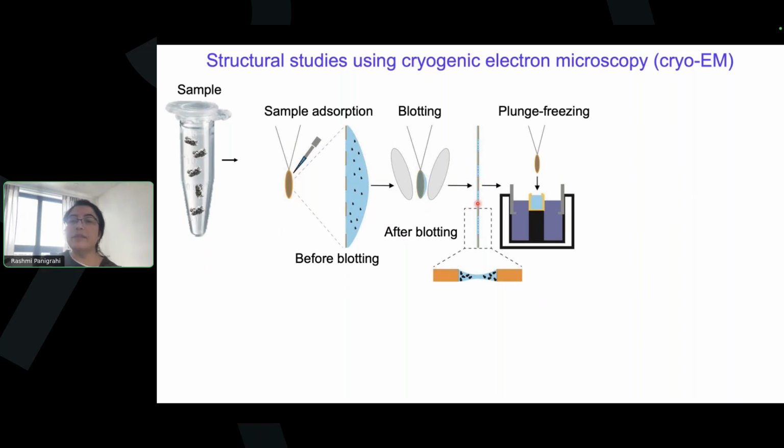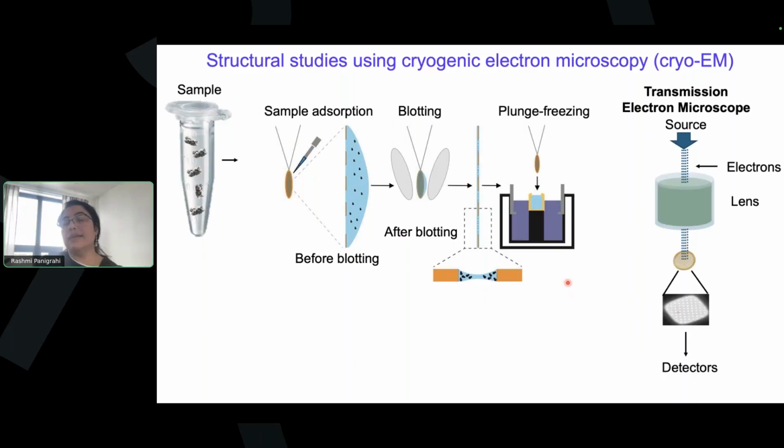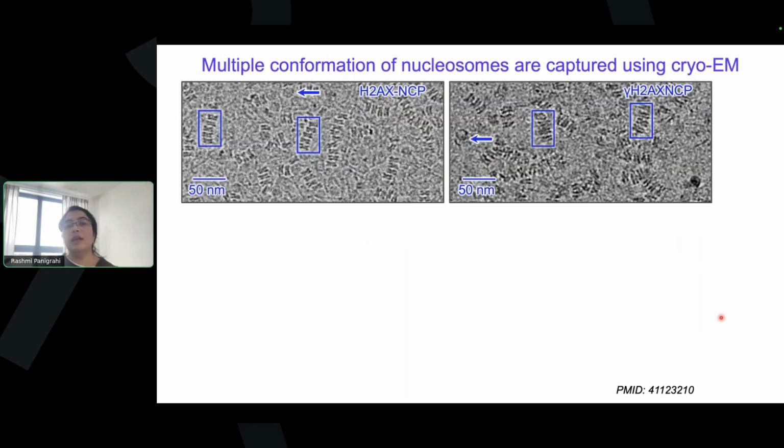So you have a thin film of sample in the grid, and then the grid is plunge frozen in liquid ethane, and you have a nice layer of your particles in vitreous ice. Then you load the grid on the transmission electron microscope, and when the electron beams hit the grid, we get these images which are collected on the detector.